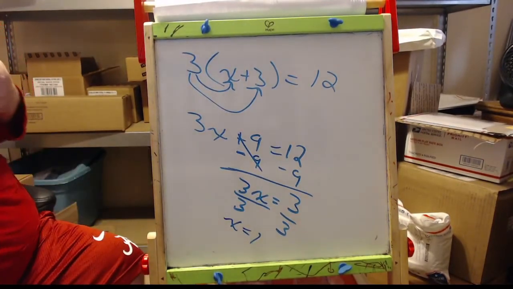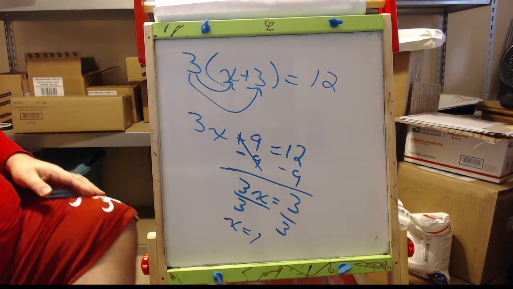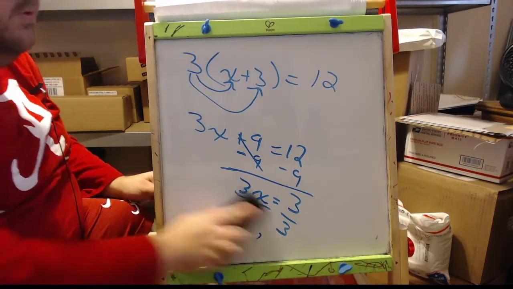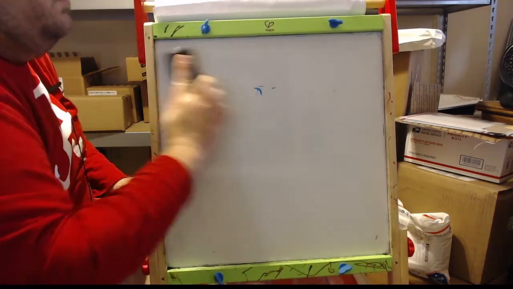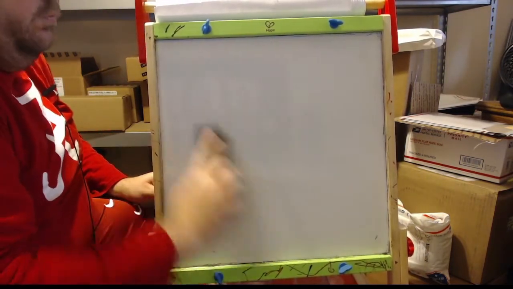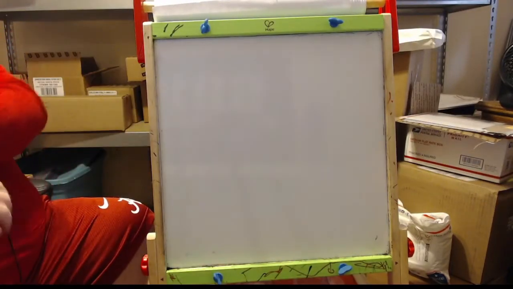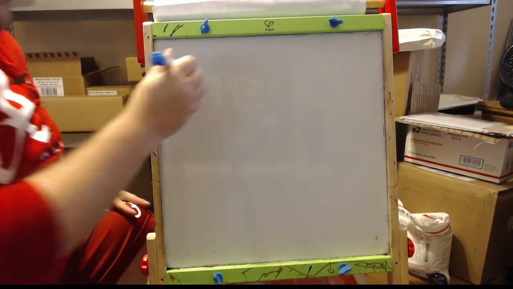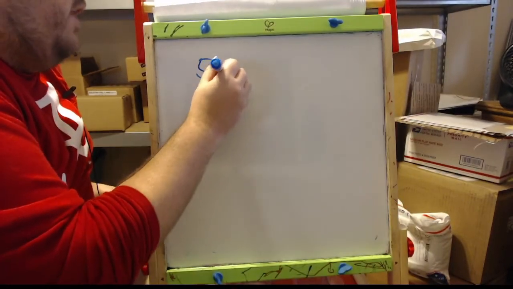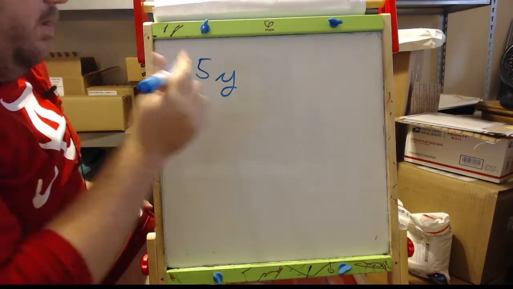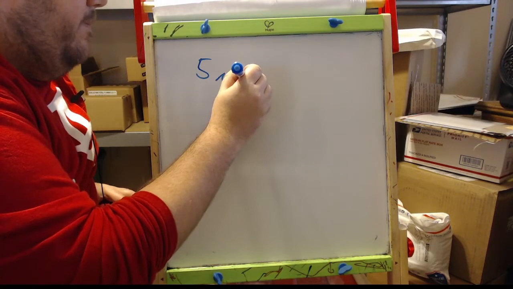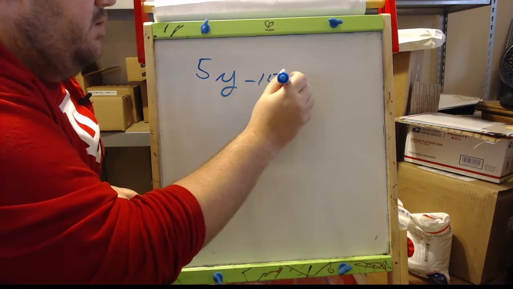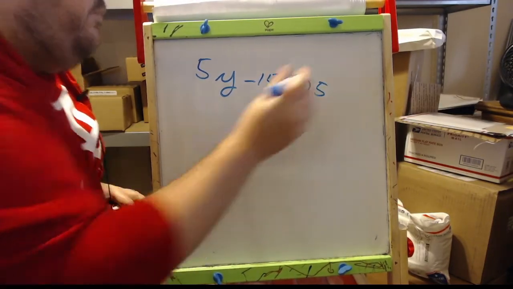Okay, so let's try another one. We'll do a couple more examples here. Let's do one here: 5y, let's use a different variable, minus 15 equals 25.